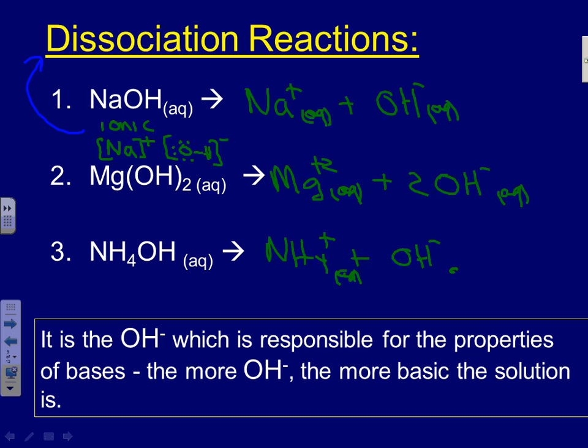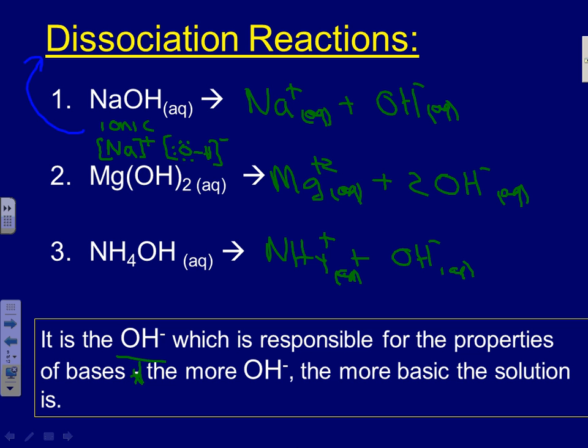Aqueous, aqueous. I do want you to write this whole thing down. From here, like we did the last time, the more OH minus there is, the more basic it is. I think we get the idea that it's the OHs that are doing the job here.